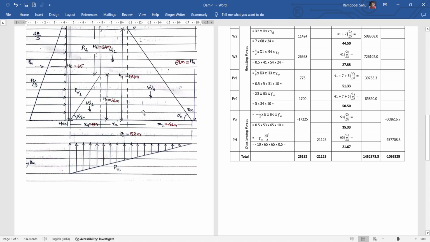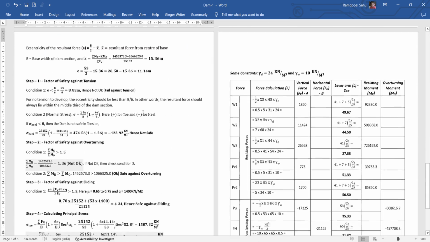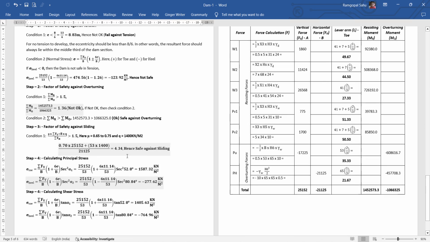With this formulation you can identify the values of alpha 1 and alpha 2. We have already calculated and found alpha 1 to be 52.8 degrees and alpha 2 as 80 degrees 84 minutes. Substituting all the values, we have calculated the principal stress as well as the shear stress.